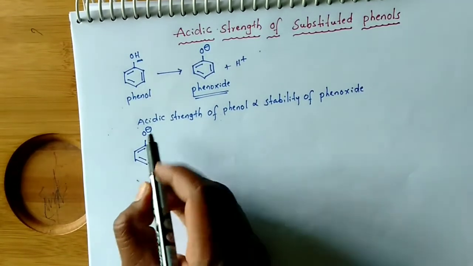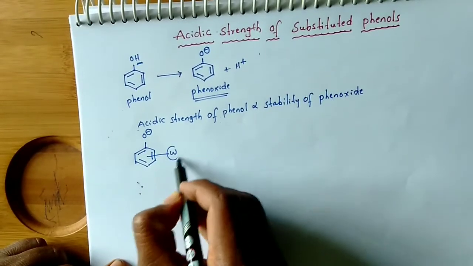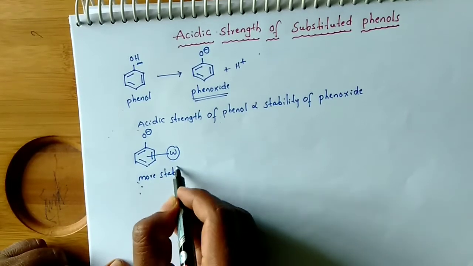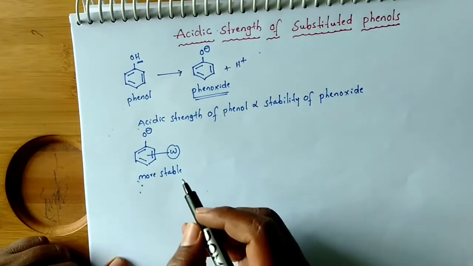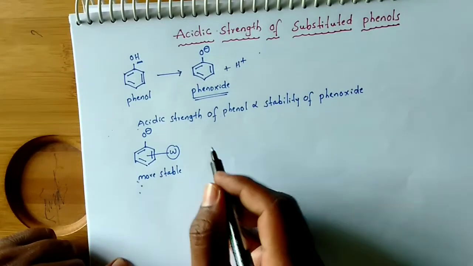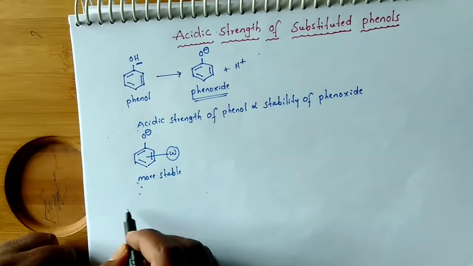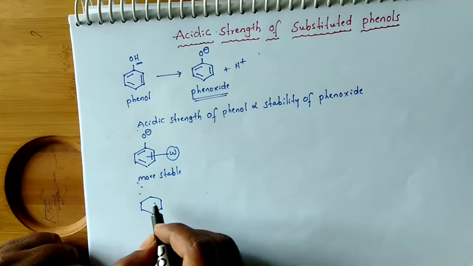If an electron withdrawing group is present on the phenoxide ion, it will be more stable than normal phenol. So if an electron withdrawing group is present on the phenol, then it is more acidic.